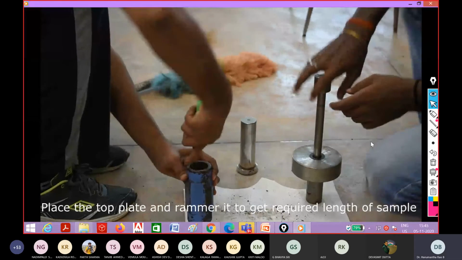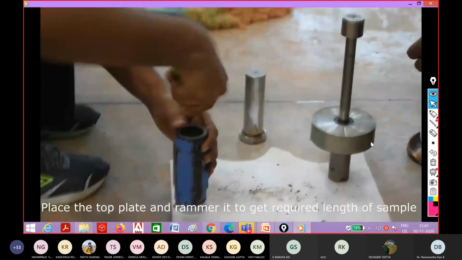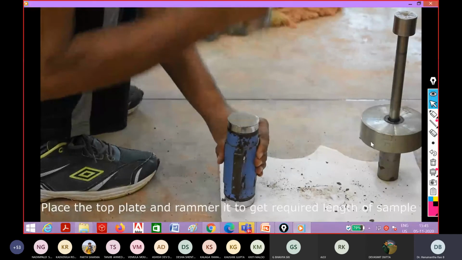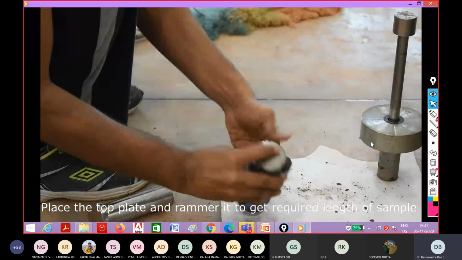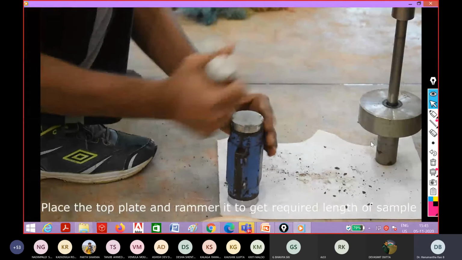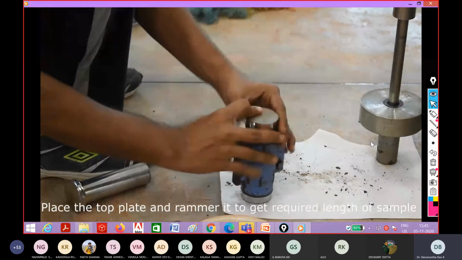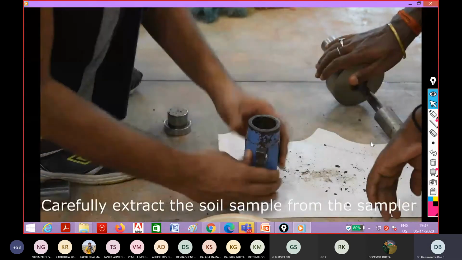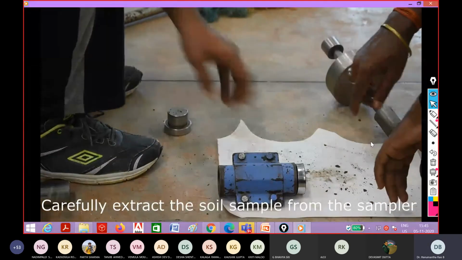Now try to scoop out the soil. Remove the screws so that the mold can become 2 halves.